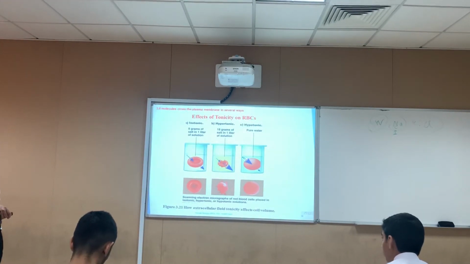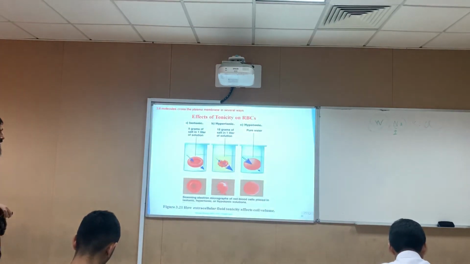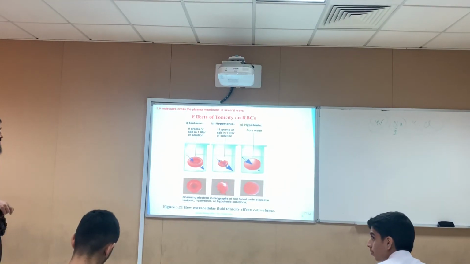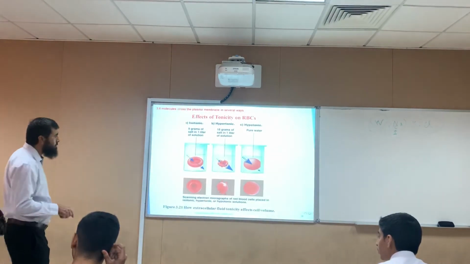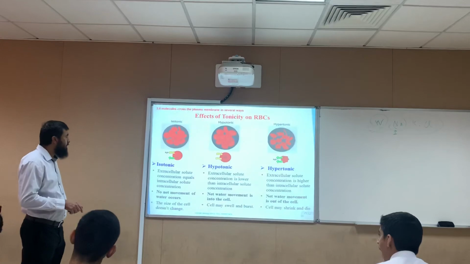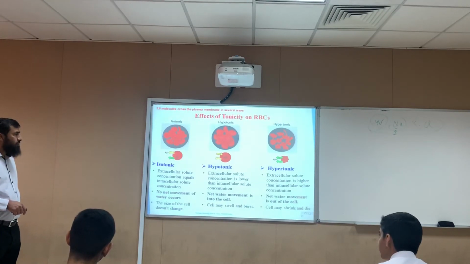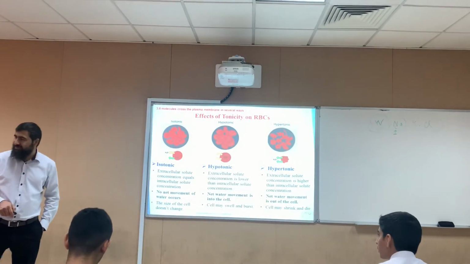That's why this big arrow is showing, and the cell enlarges and bursts. The opposite is here. The net movement is out of the cell compared to the amount coming in, and that's why the cell shrinks.